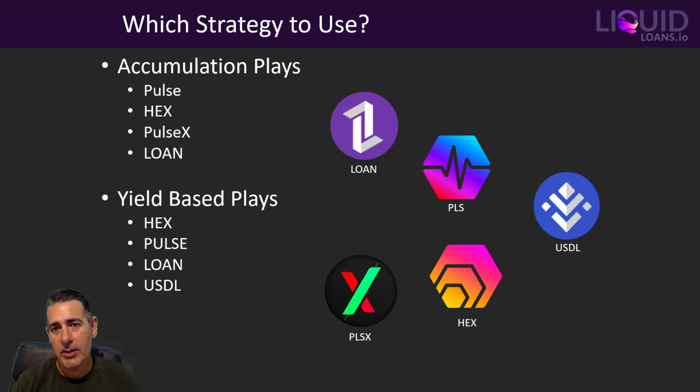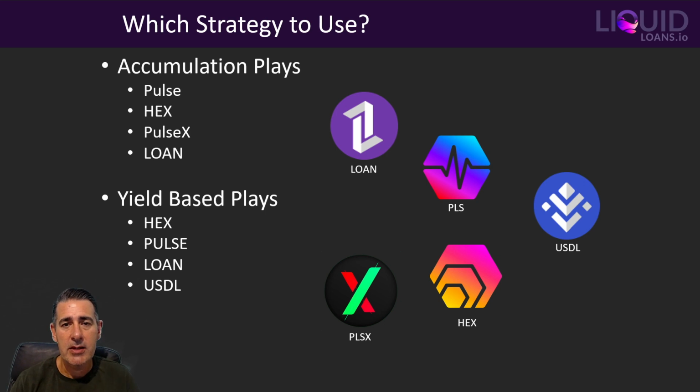So we'll have a look at a few of these different scenarios and we'll try and step through how some of this might look, but just think of it as two main plays. So on the accumulation play side of things, that's really good for trying to acquire more Pulse, more HEX, more PulseX, and more loan token. So they're all value producing coins and tokens that you'd want to hold.